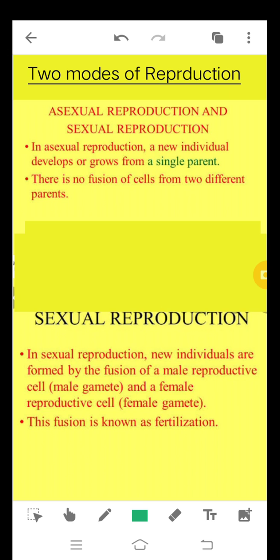Then fusion of these two gametes takes place, which we call fertilization, and that gives rise to a new individual. So that means we can clearly say that asexual reproduction is that mode in which a single parent gives birth to young ones, whereas sexual reproduction is the mode in which two parents are involved and gamete formation takes place, and then a new individual is produced.